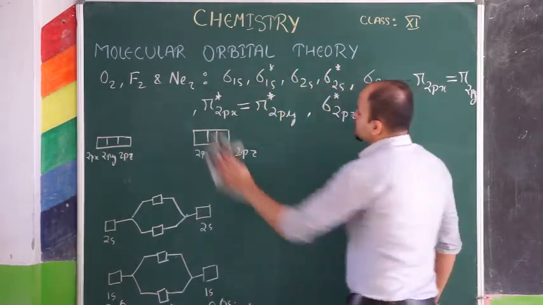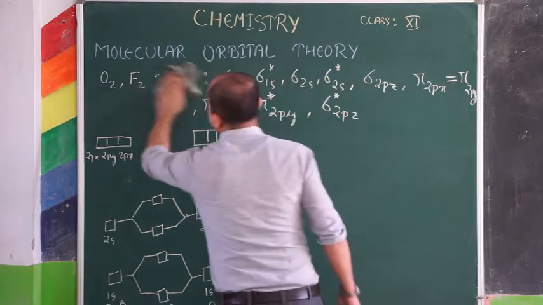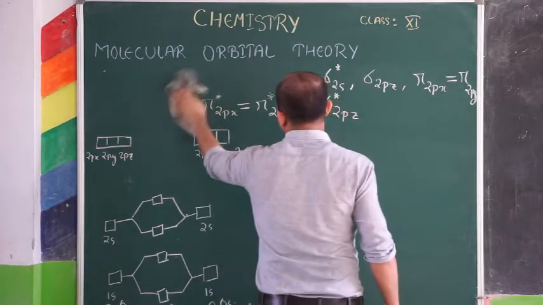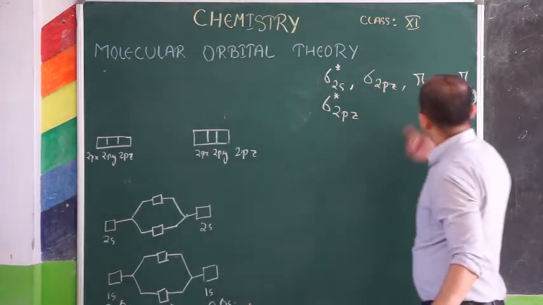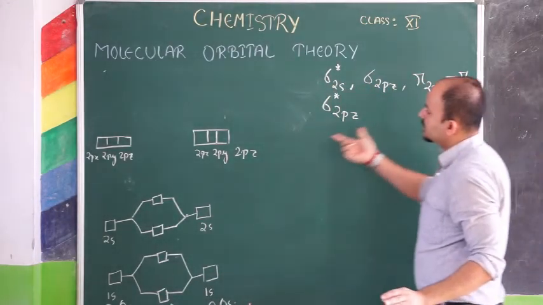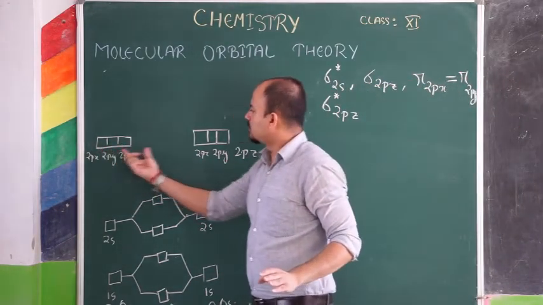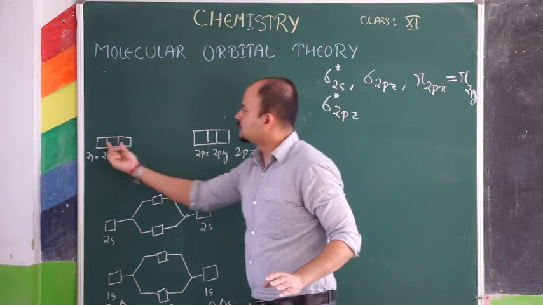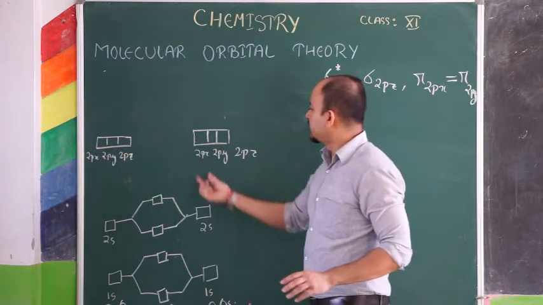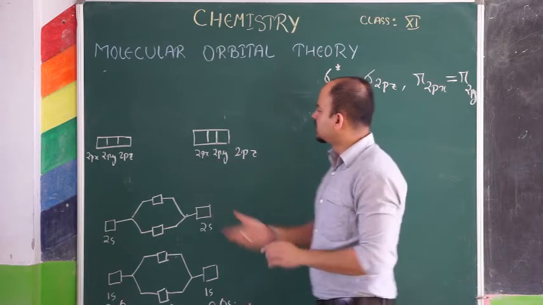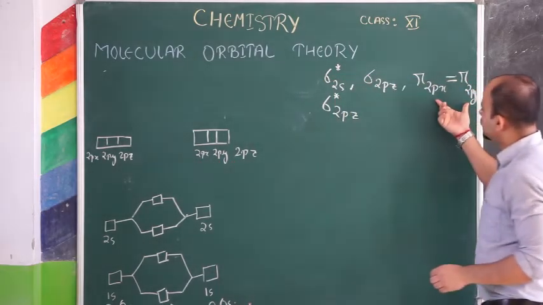Now, see, out of these three atomic orbitals and these three atomic orbitals, 2px and 2py will combine and they will have equivalent energy.